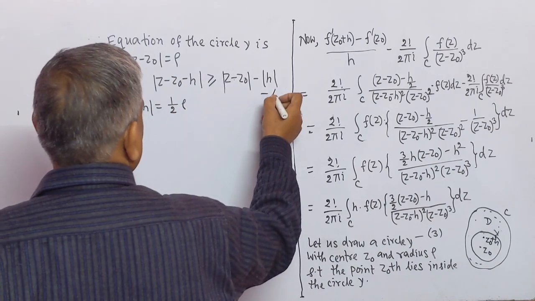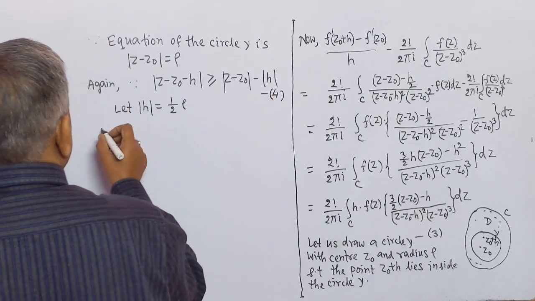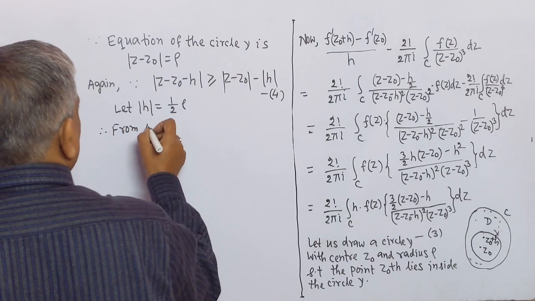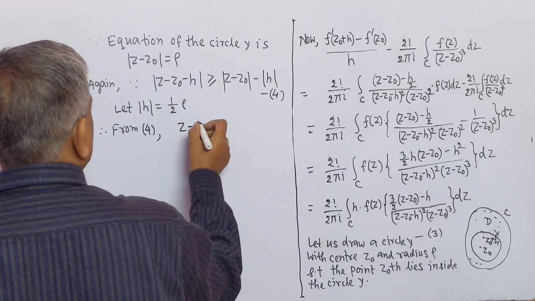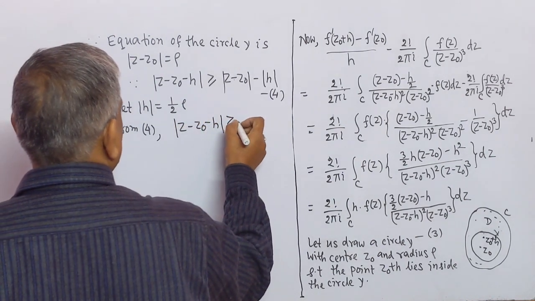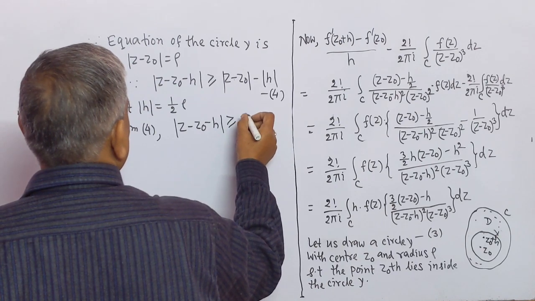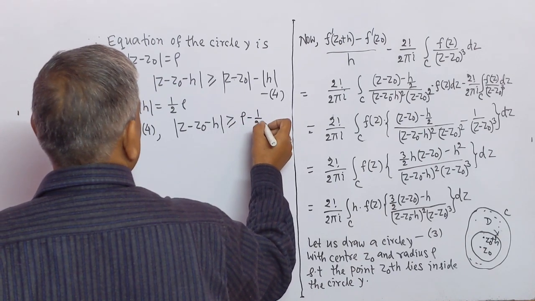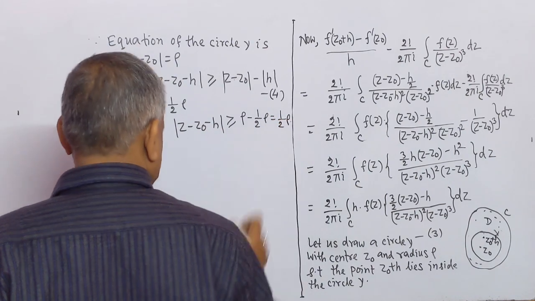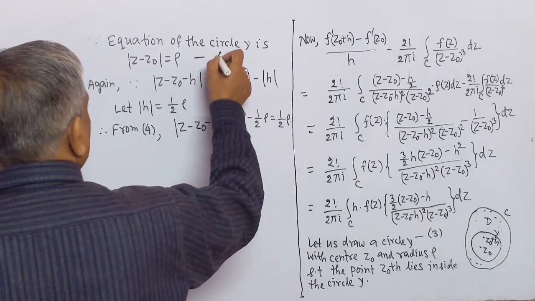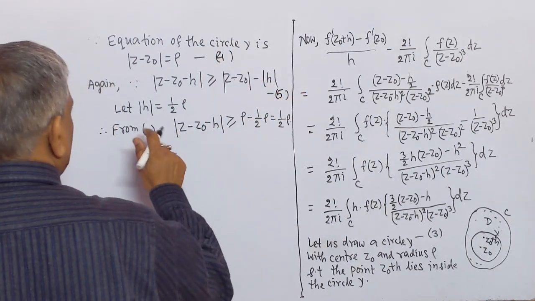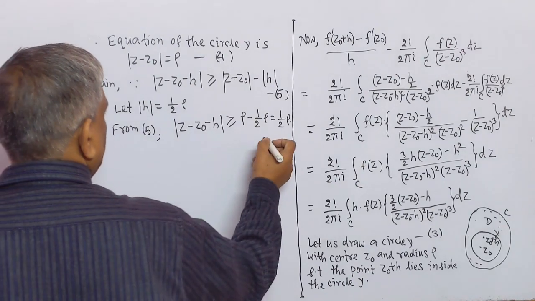Let this be number 4. Therefore from 4, |z − z0 − h| ≥ rho − half rho = half rho. This is number 5, and this is 6.